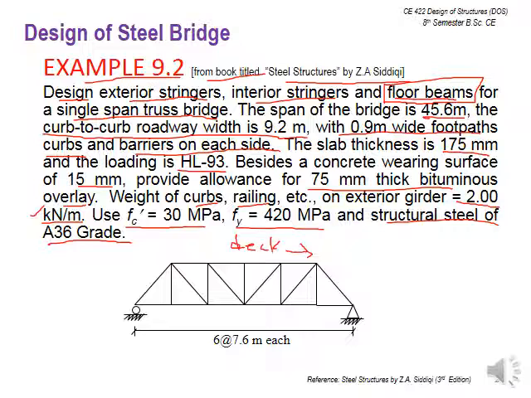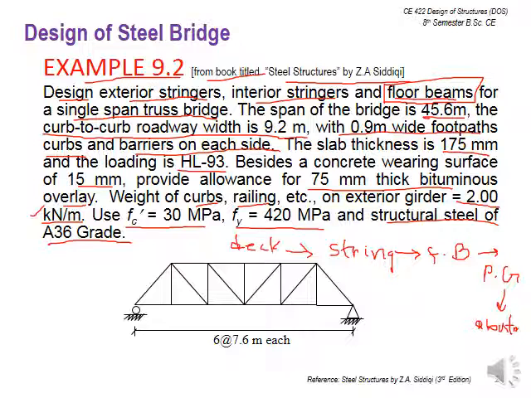Your deck is supported on stringers, and your stringers are supported on the floor beams, and your floor beams on both sides are resting on the plate girder. Finally from both ends of the plate girder, the load is shifted towards the abutments or piers.